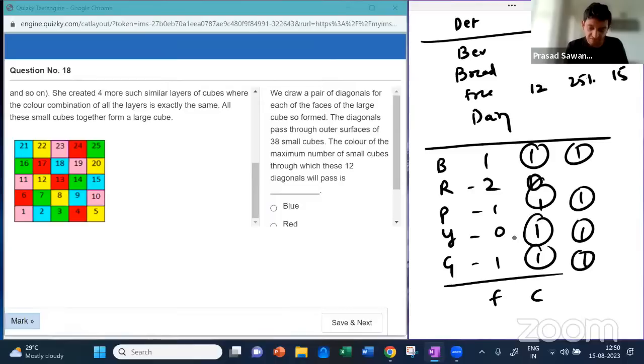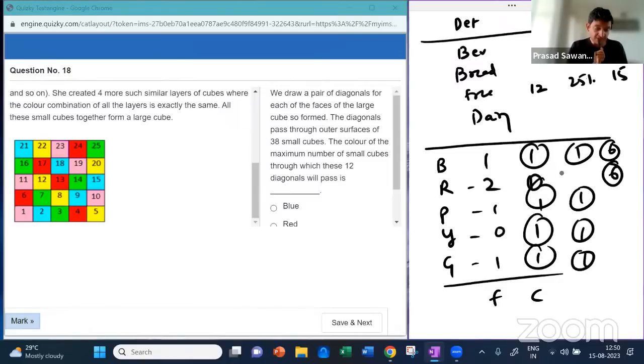So 6 additional ones, I'm assuming. In blue, if you look at it, corners I'm just leaving out, so this blue will not be required, this blue is not relevant. This blue will again be in the middle, so 1. This will be 2 more. So 1 plus 1 is 2 and 2 plus 2 is 4. So 6 in total.